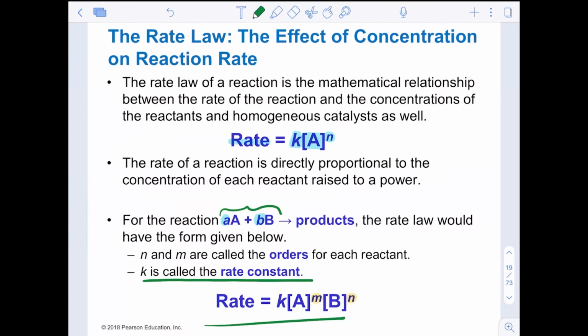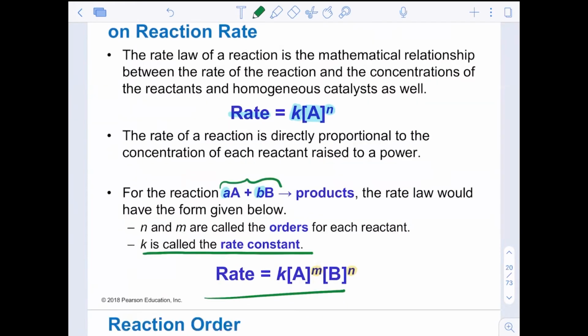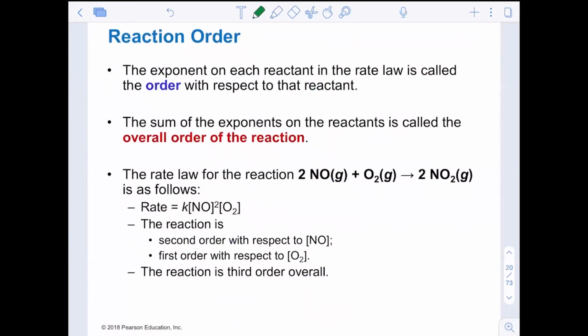Let's talk first about the reaction order. The exponent on each reactant in the rate law is called the order with respect to that reactant. If you have multiple reactants, the sum of the exponents is called the overall order of the reaction. So let's take an example. The reaction here is 2 NO gas plus O2 gas yields 2 NO2 gas.